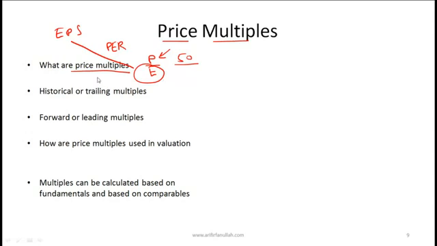Just keep in mind that all the price multiples we talk about will have the current share price in the numerator, and some value related to the company. So in this case it is the earnings per share. The value related to the company will always be a per share value.